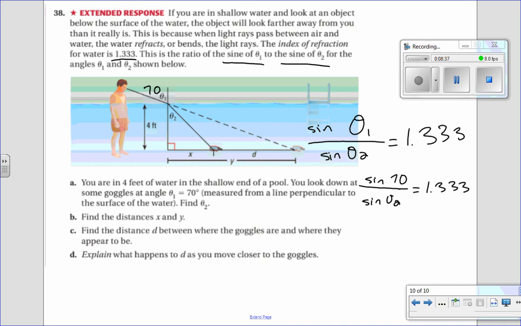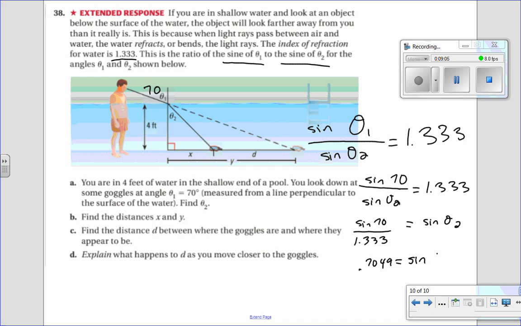Okay, so do we know how to solve this? I would multiply the sine theta 2 to this side and divide the 1.333 to this side. So basically, I'll have sine theta 2 equals sine 70 over 1.333. So sine 70 divided by 1.333 is a small decimal, 0.7049.